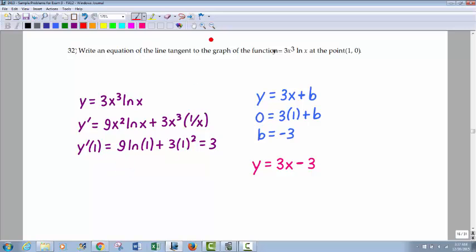So y prime of 1, I guess I could have been fancy here and made this m. Oops, ugly. There we go. Yeah, the m kind of scares me.